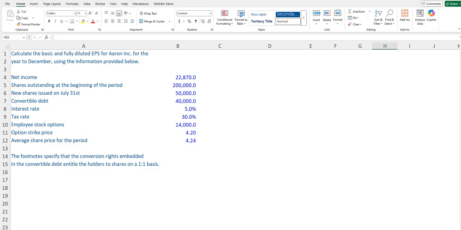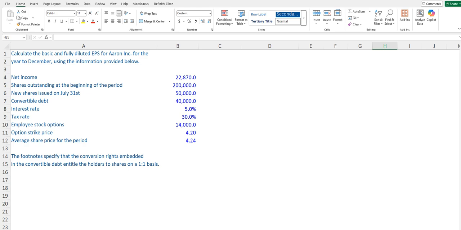And we are also told that the footnote specifies that the conversion rights embedded in the convertible debt entitle the holders to shares on a one-to-one basis. So that being said, if they convert that debt into shares, then they will get 40,000 shares.